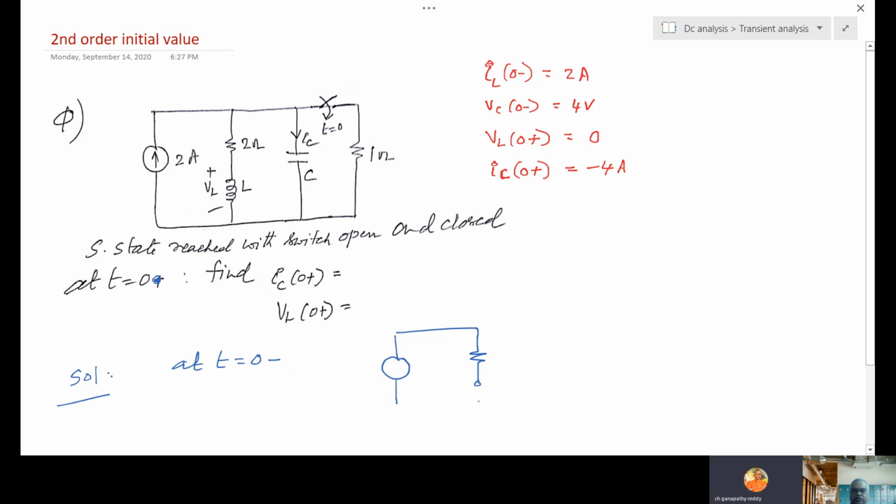At 0 minus steady state, inductor is short, capacitor is open.